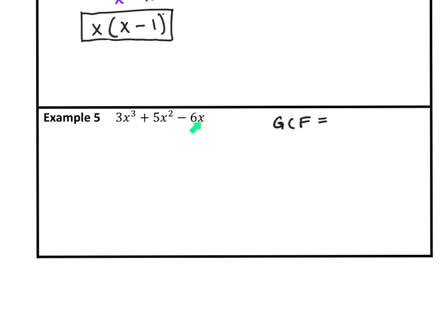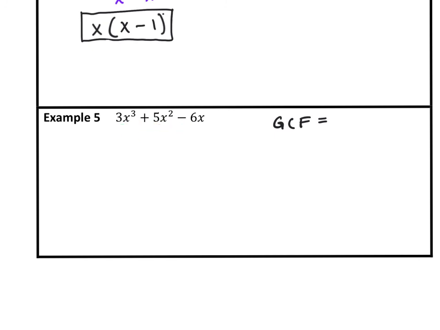We can look at all the x's first, or we can look at the numbers. But what stands out to me is that the 3, the 5, and the 6 do not have a common factor. There's nothing that you can divide 3 by that can also divide 5. And there's nothing that you can divide 5 by that you can divide into 6. So as far as the numbers go, they don't have anything in common.